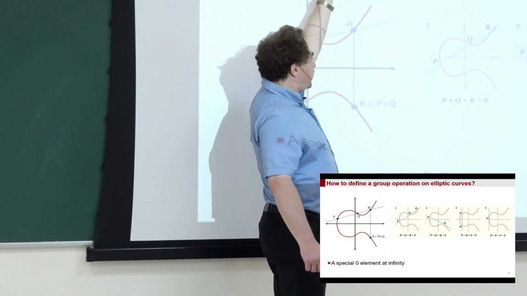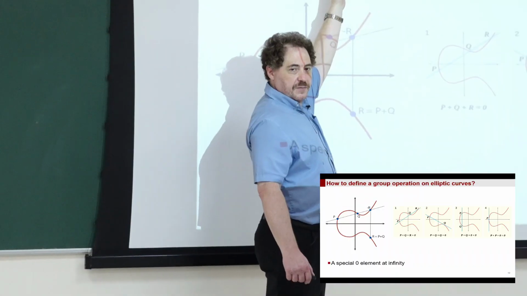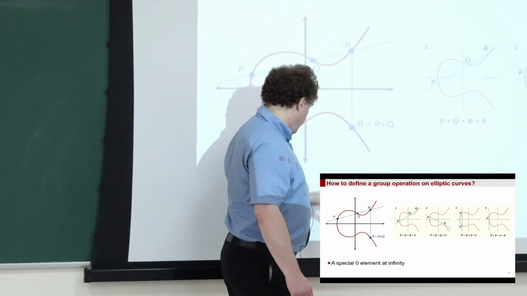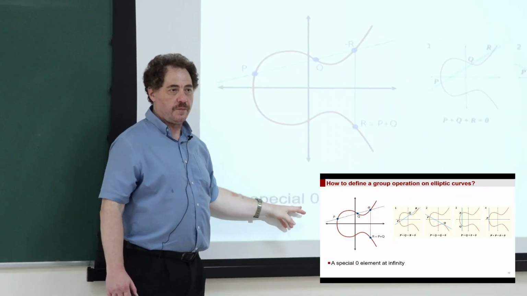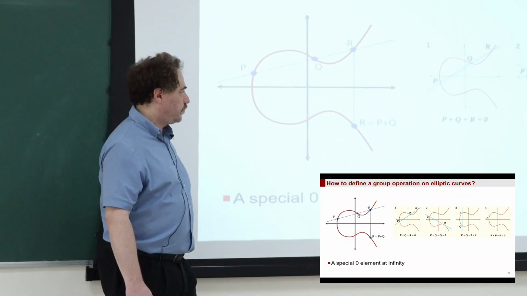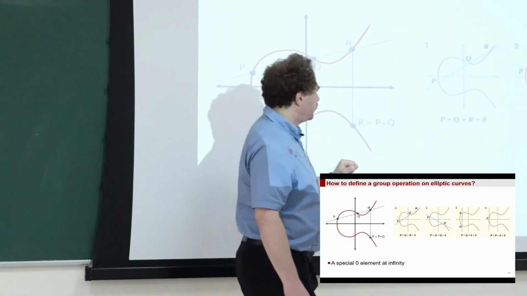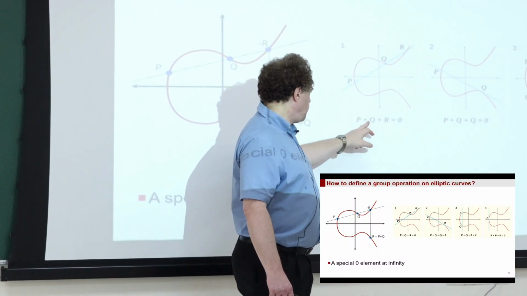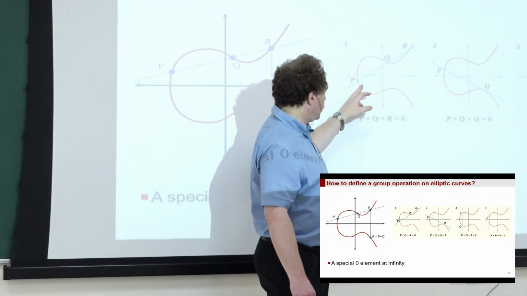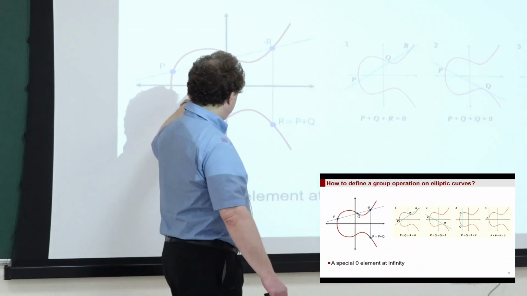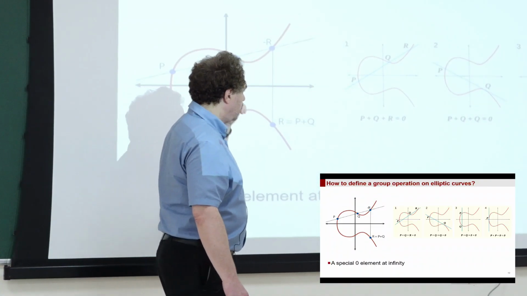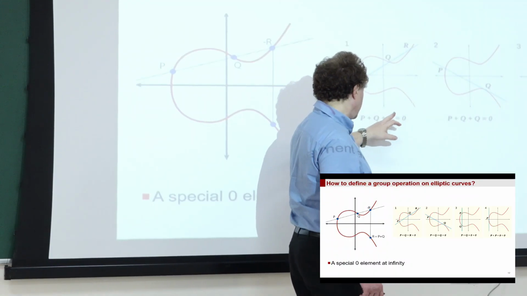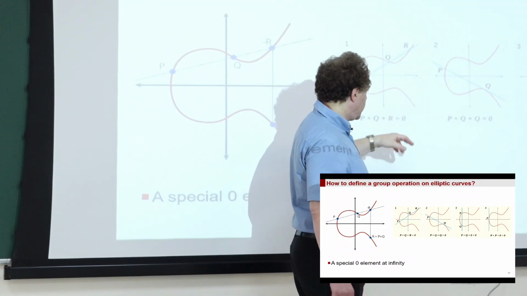We imagine that there's one point at infinity, and we call this point 0. So that's a special point. Some examples: P plus Q plus R would be equal to 0, because P plus Q would be equal to minus R, and R plus minus R is equal to 0.